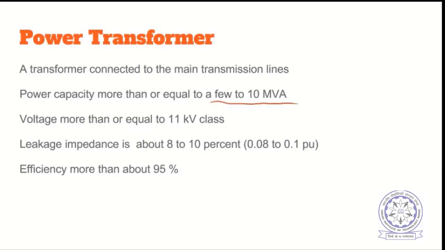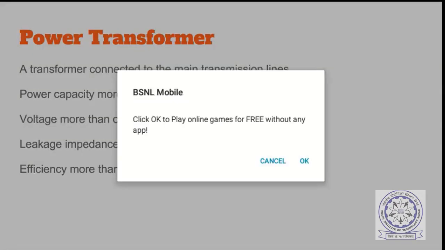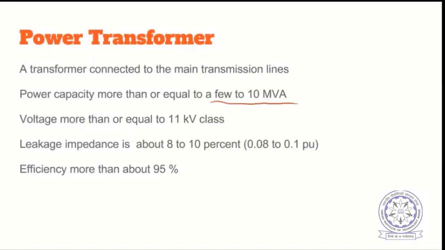Actually for such definitions, what is high voltage, what is medium voltage, what is low voltage, it's very difficult to define always, because every country has their own system and their own frequencies, their own power levels, their own voltage levels.